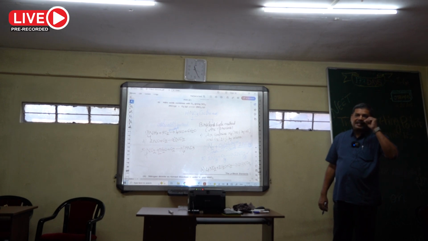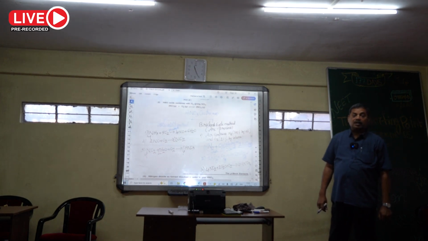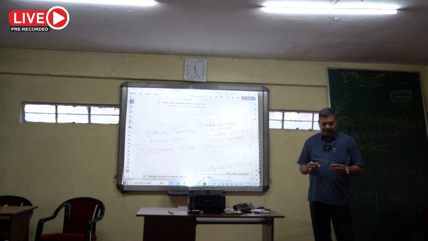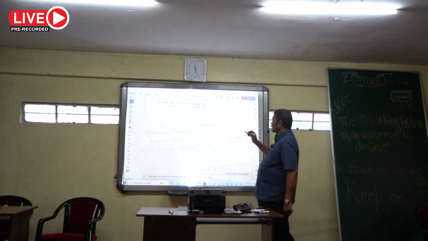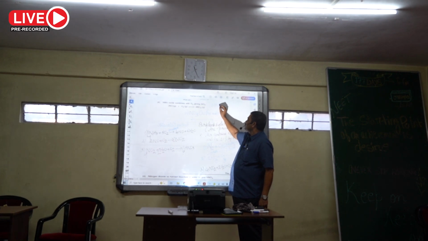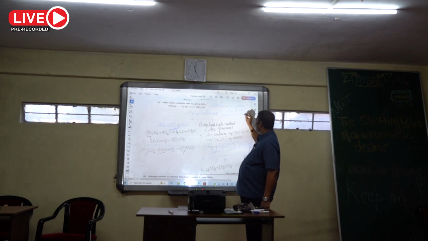HNO3 is a nitrating agent, oxidizing agent. So when it comes in contact with the skin, it forms yellow coloration because the proteins of the skin are converted to xanthoproteins. So HNO3, when in contact with the skin, yellow coloration due to the formation of xanthoproteins.